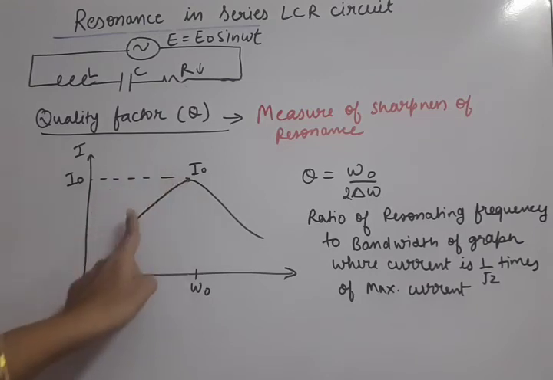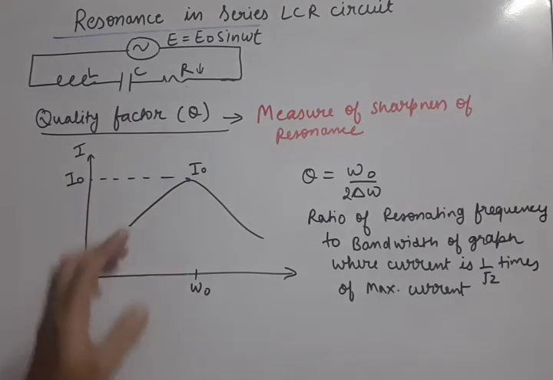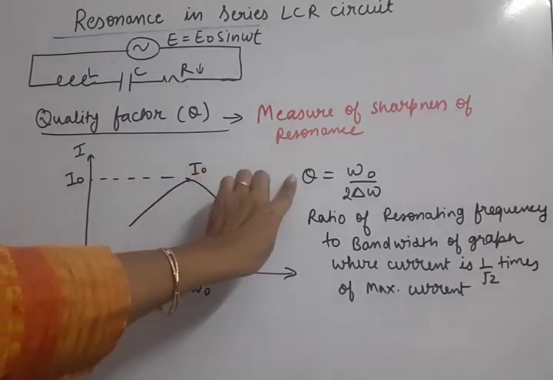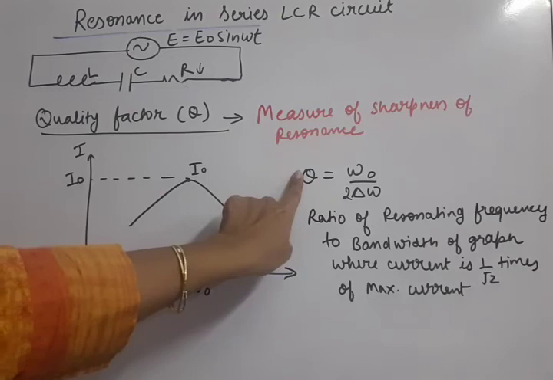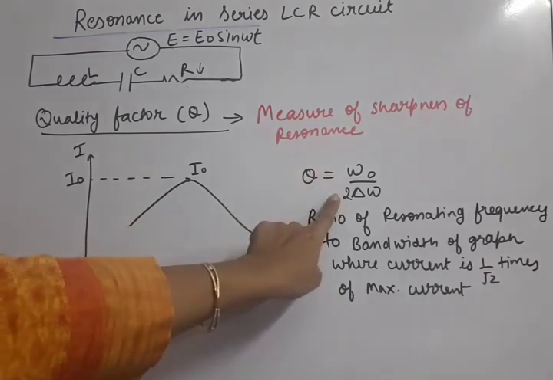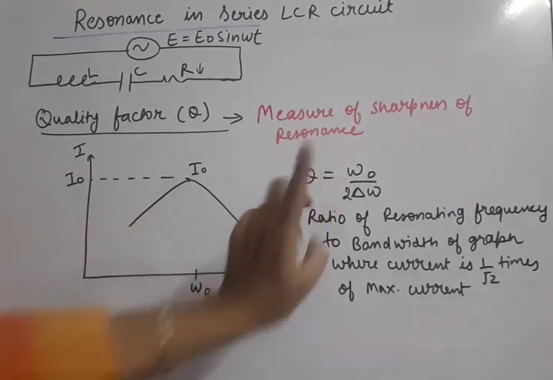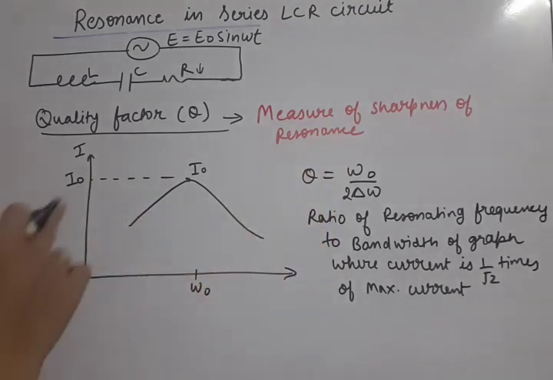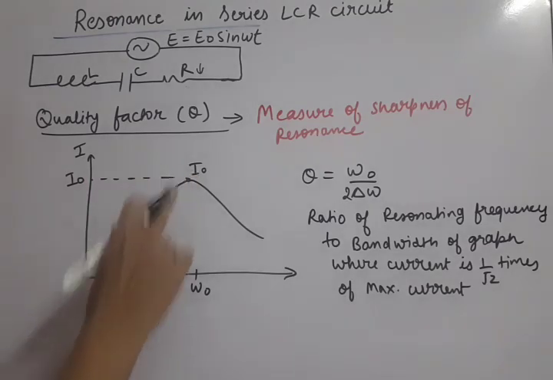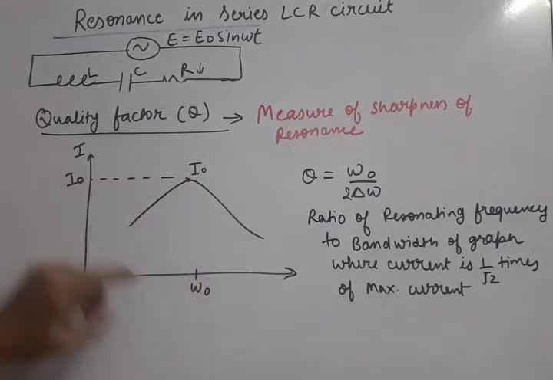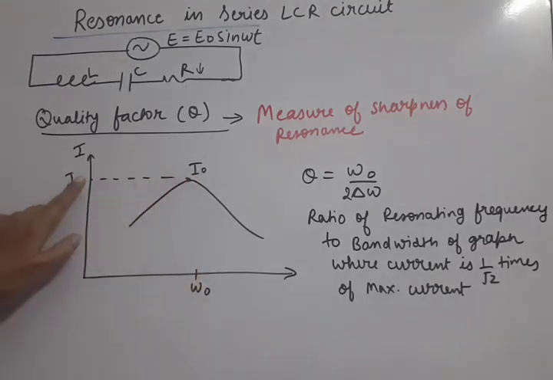Now how do we understand whether this graph is sharp or not? For that Q is measured. Q is omega 0 upon 2 delta omega. That means first of all we have to see that at omega 0 the current is maximum.